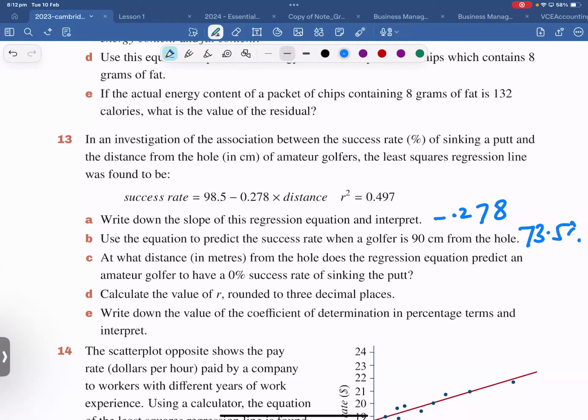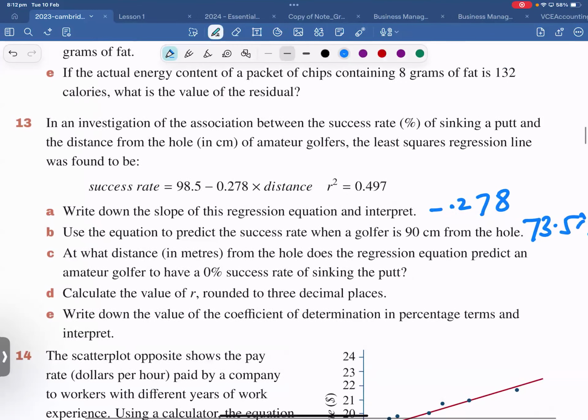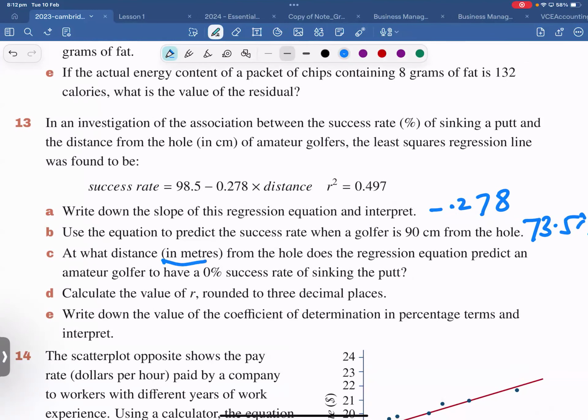Right. Then part C. What's the answer for part C, guys? In meters, okay? You have read the question. Some people have answered in centimeters. That's wrong. In meters, you will get 0 marks if you put it in centimeters. At what distance in meters? 3.5 meters.